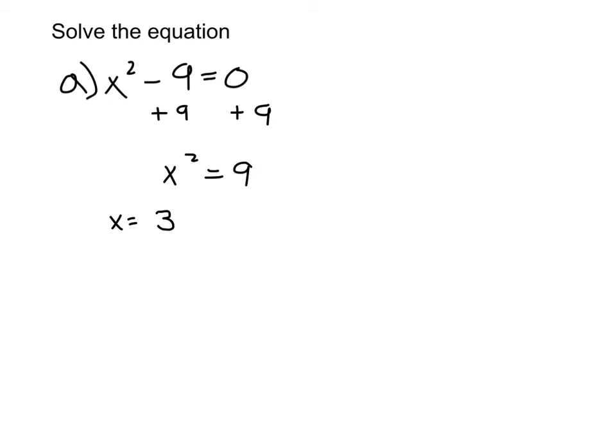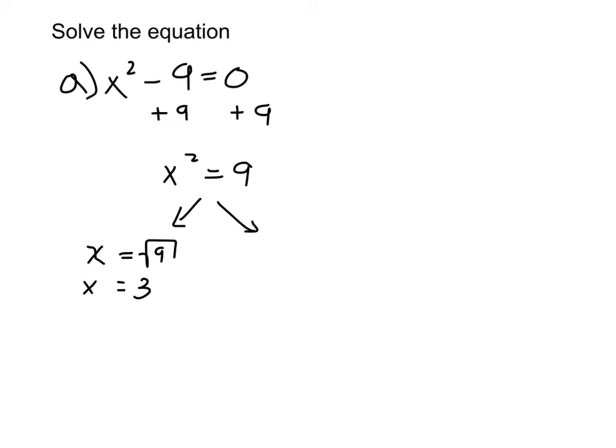Actually, if I were to break that down a little differently, I'm basically taking the square root of x squared, which is just x, and then the square root of 9, which is 3. Okay, so that's one answer.